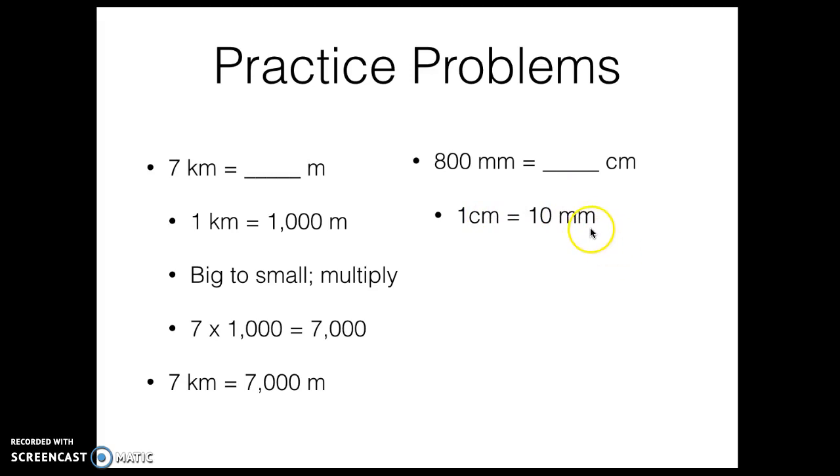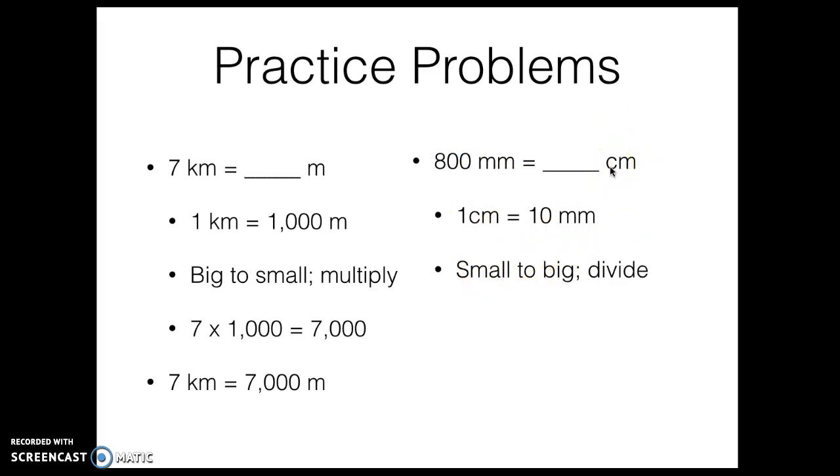I'm getting myself confused here. Excuse me on that one. I know the small is 800 millimeters. I know the small, the millimeters. I don't know the big, centimeters. So I'm going small to big.